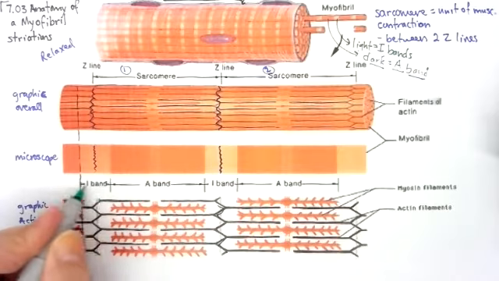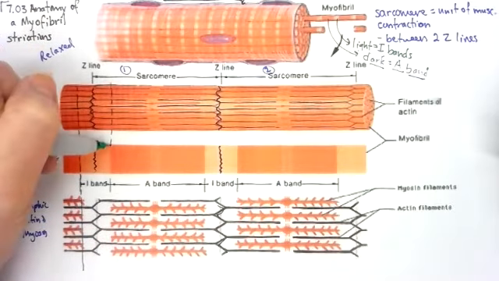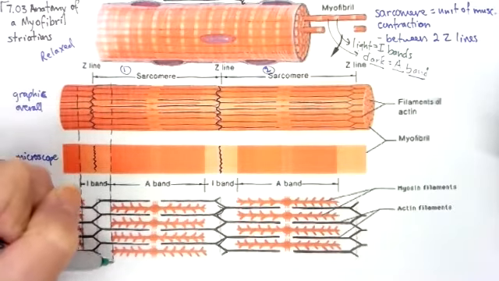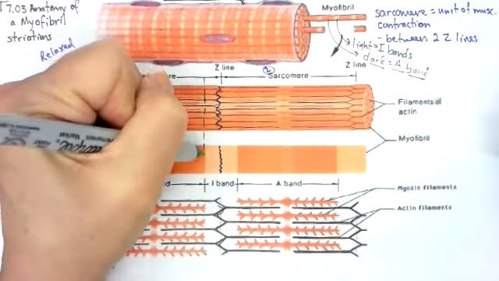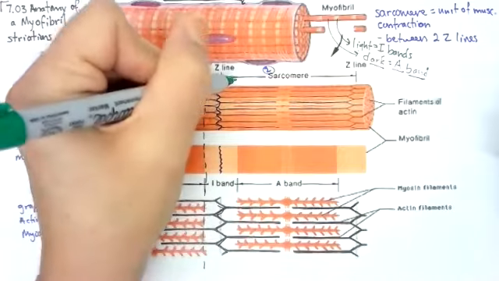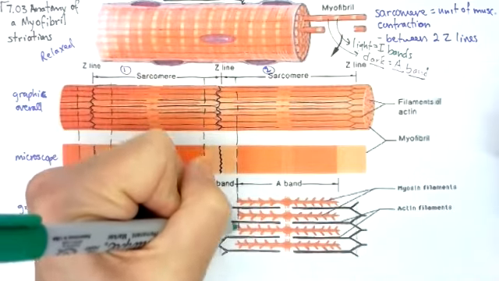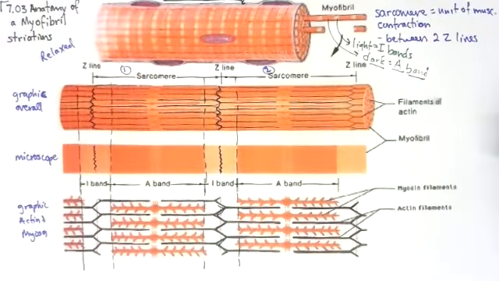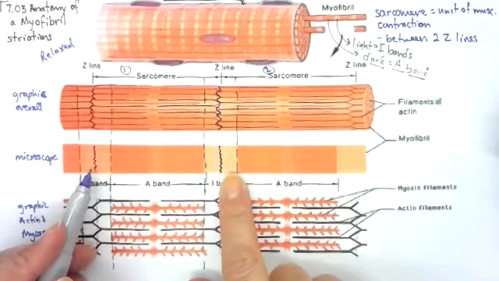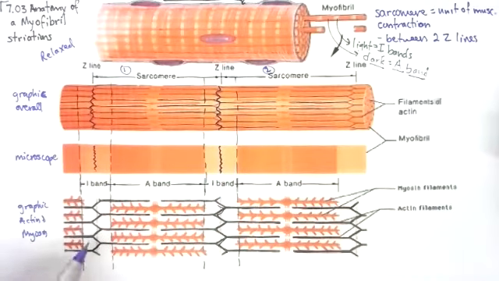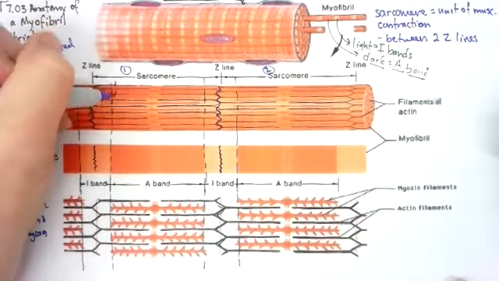That's why they say I band right here. And here I have an I band. Notice right in the middle of the I bands are the Z lines. So we've got those Z lines that run right down the center. And then I have in purple A bands. So here's an A band.